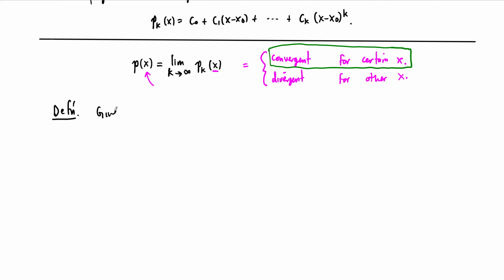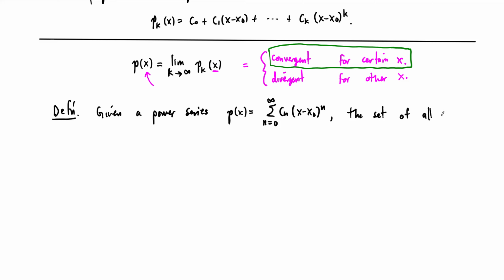Given a power series, p of x equals the sum, n goes from 0 to infinity, c sub n, x minus x naught to the power n, there's the power series. The set of all x values for which this series converges, so for which p of x converges, is the domain of the power series.